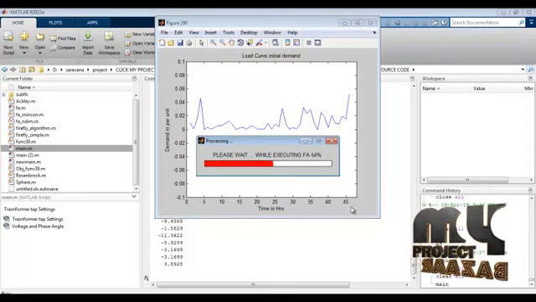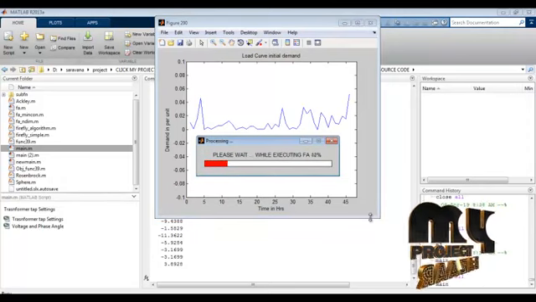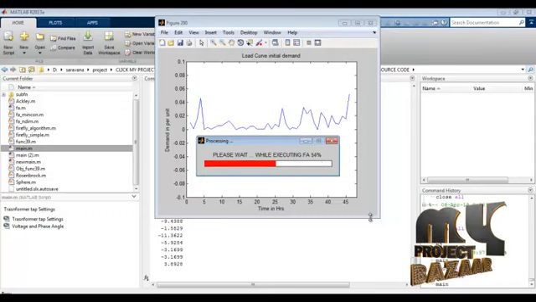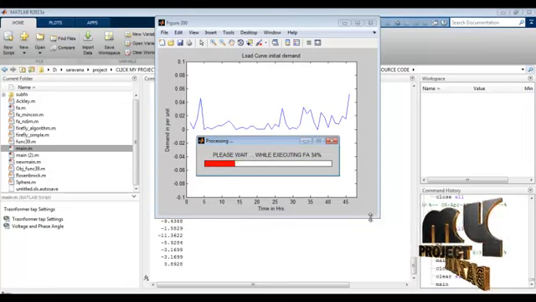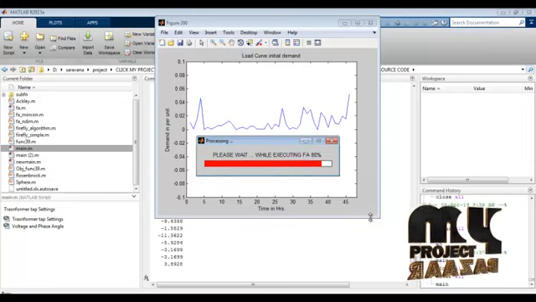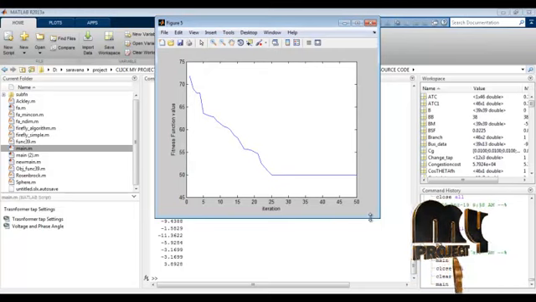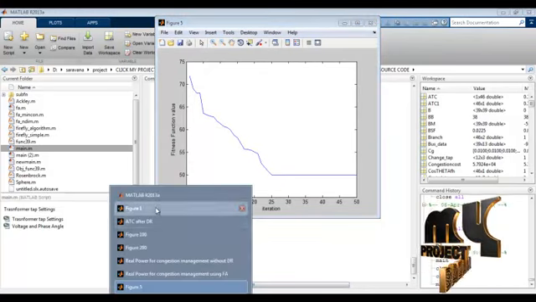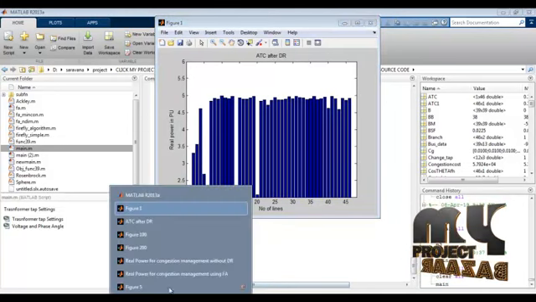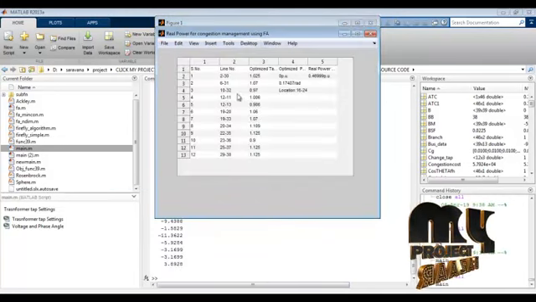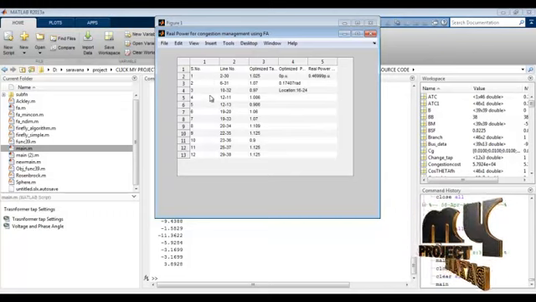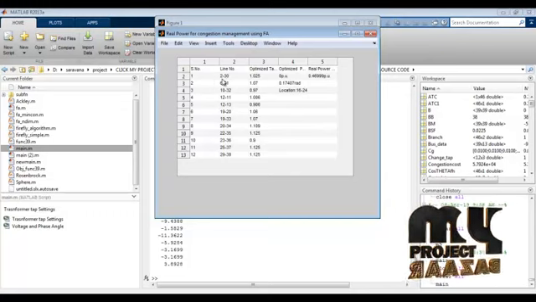When executing, first we can see the result of real power congestion management using our firefly algorithm. First we see the entire lines, lines 2 to 30.